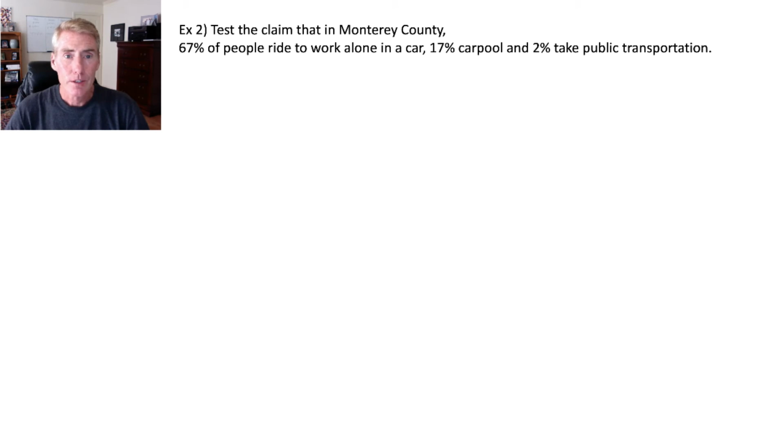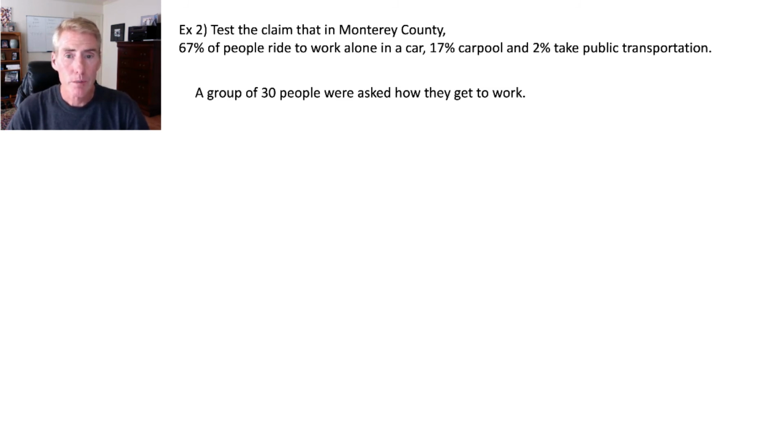Then for another example, test the claim that in Monterey County, 67% of people drive, that should say drive, I guess drive, ride, whatever. They go to work in a car all by themselves. 17% carpool, and 2% take public transportation.